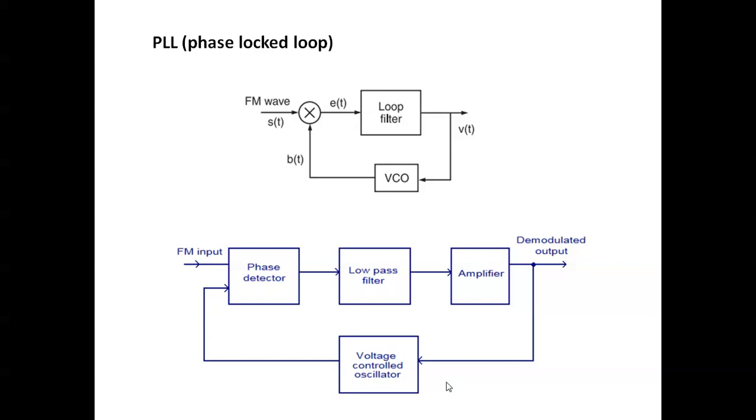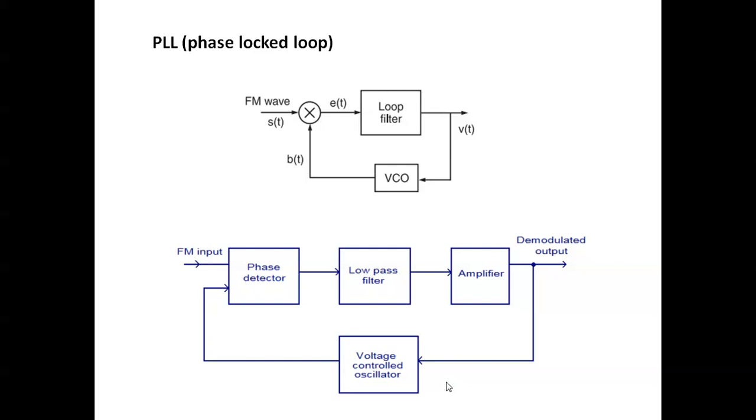Then the amplifier amplifies the signal and sends it to the demodulated output. But initially the demodulated output will be zero, so the voltage control oscillator input is also zero. The VCO frequency is proportional to the input voltage, so input voltage is zero and the frequency is also zero.